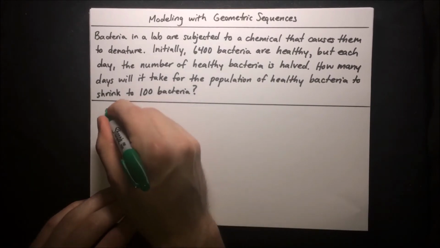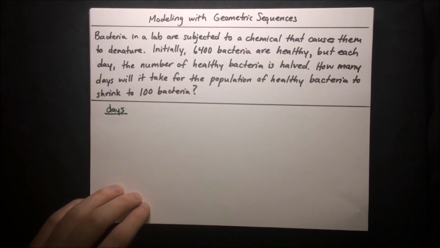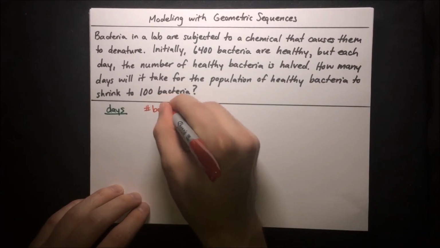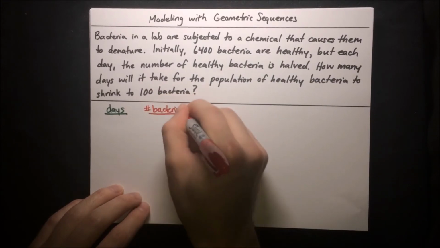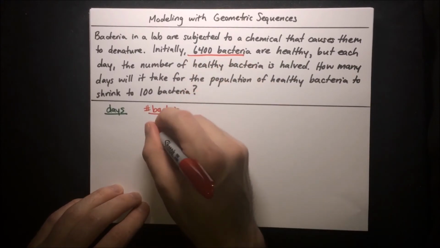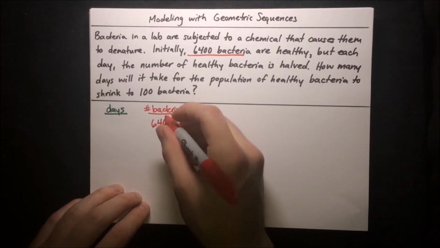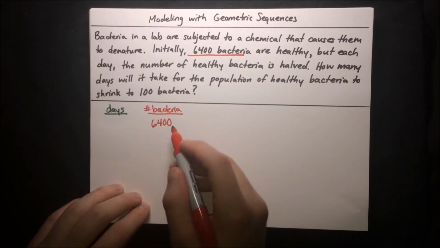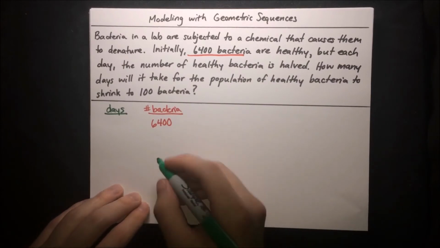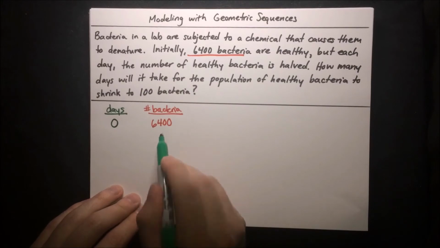We'll have days over here on this side, and then we'll have number of bacteria on this side. Now it says that we start out with 6,400 bacteria. So 6,400 we put over here. But that's not on day 1, that's on day 0, because after a single day has passed, the population has halved from that. So this is at 0 days, this is our starting number.